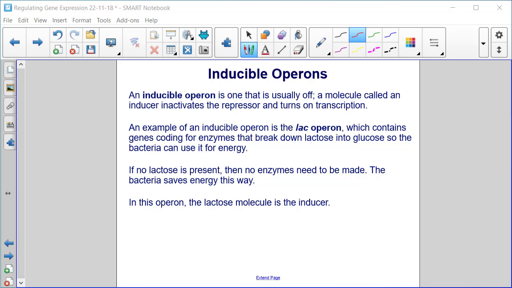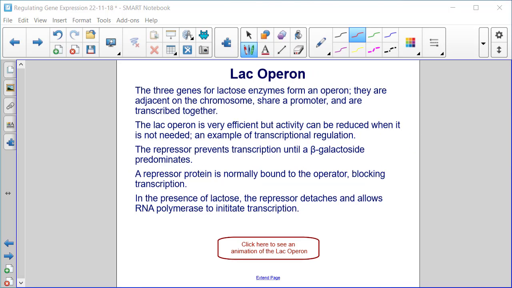If no lactose is present, then no enzymes need to be made. The bacteria saves energy this way. In this operon, the lactose molecule is the inducer. The 3 genes for lactose enzymes form an operon. They are adjacent on the chromosome, share a promoter, and are transcribed together. The Lac Operon is very efficient, but activity can be reduced when it is not needed.